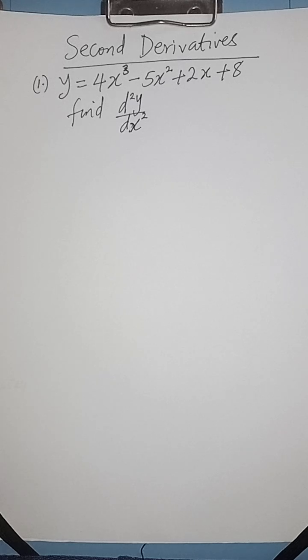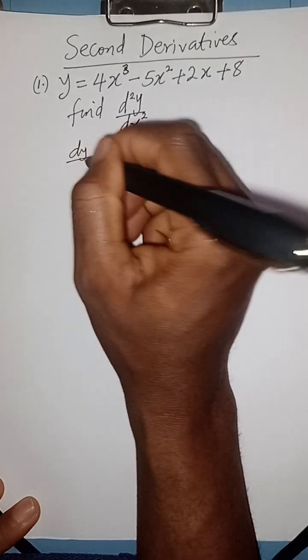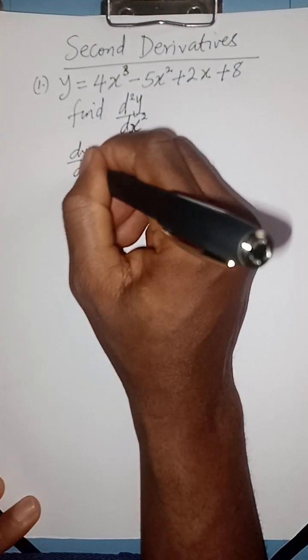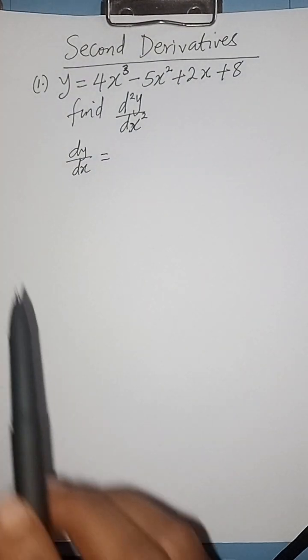This is how you represent the second derivative. The first one we did was just dy/dx. But for the second derivative, you're looking for d squared y over dx squared. So what do we do? Very easy. You have to start from dy/dx before you can get d squared y over dx squared. So let's differentiate the function.